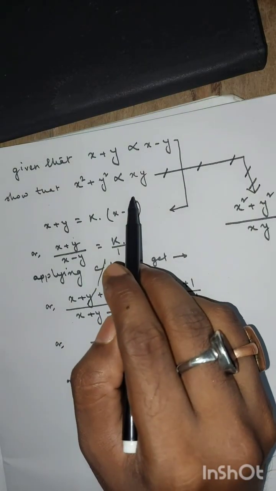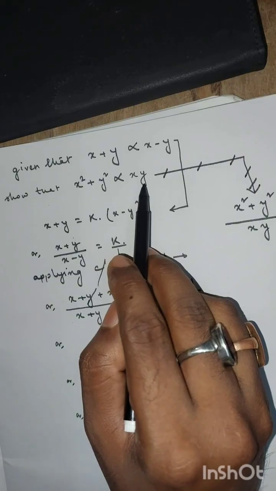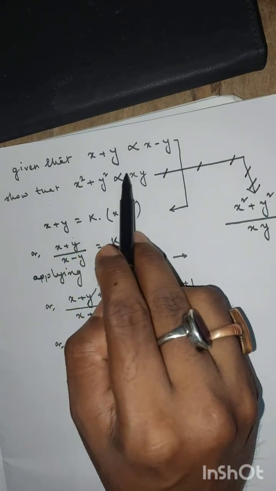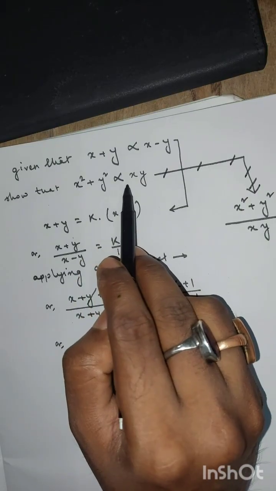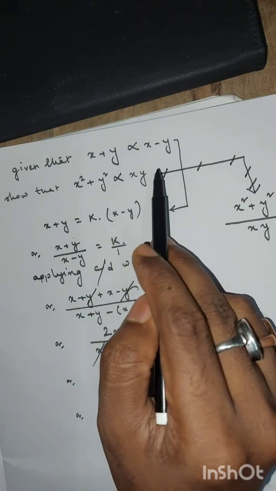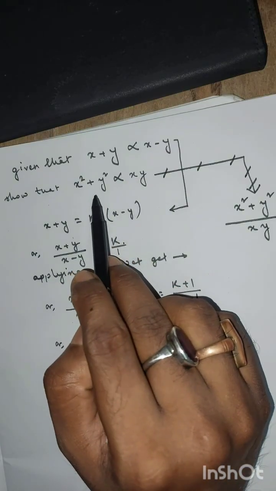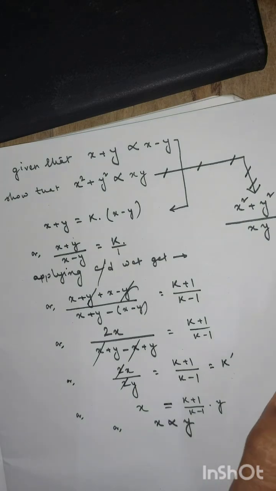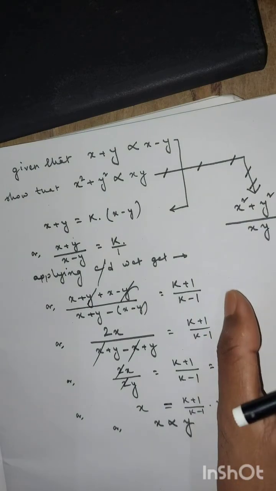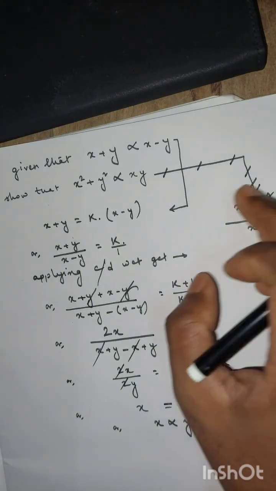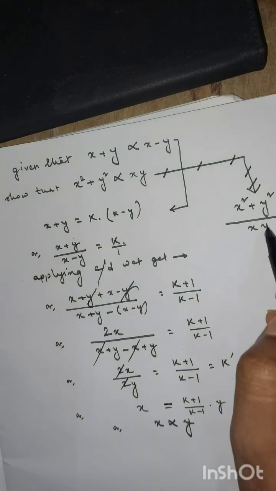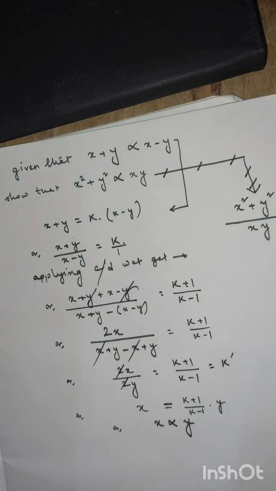If we are to prove that these two quantities are directly related, we can just show that the ratio of these two quantities should be a constant. So we are trying to prove this ratio is a constant. If this ratio is a constant, then these two quantities will be directly related.